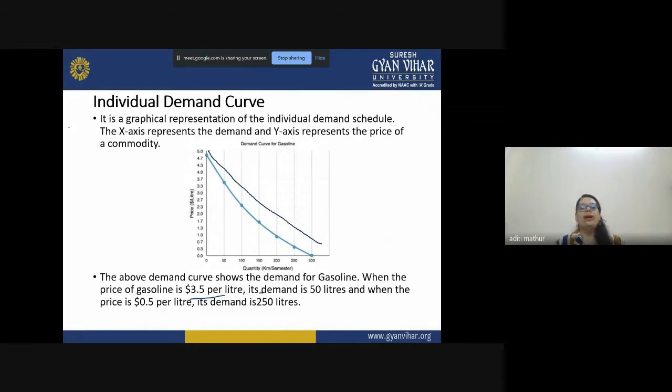So the individual demand curve is a graphical representation of the individual demand schedule, on which the x-axis represents the different quantities demanded and the y-axis represents your different price levels.